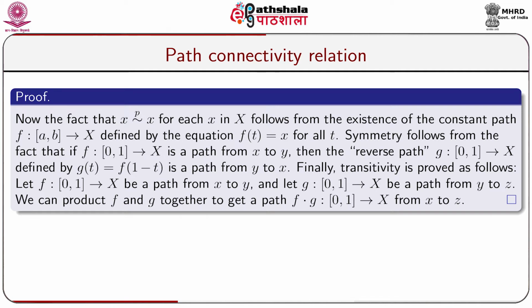Then this function becomes continuous by the pasting lemma, and this shows that there exists a path from x to z. That means x and z are related by the path connectivity relation. This proves that the path connectivity relation is also an equivalence relation.